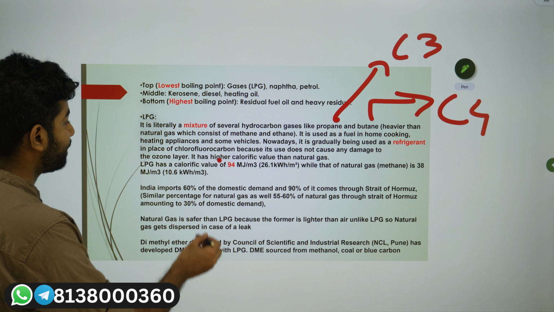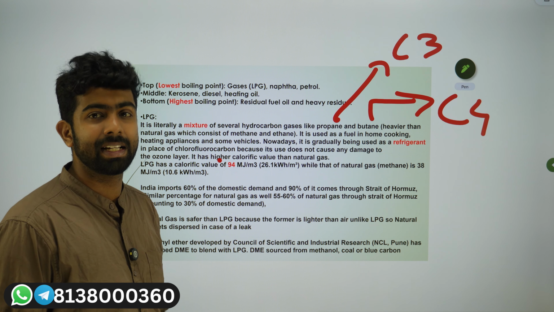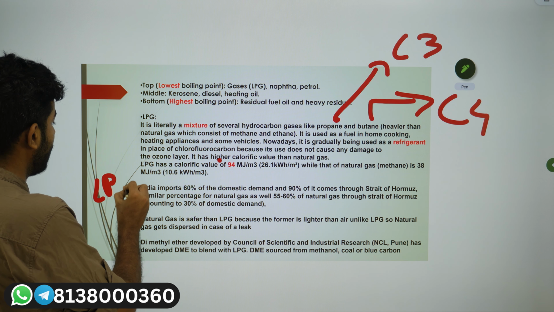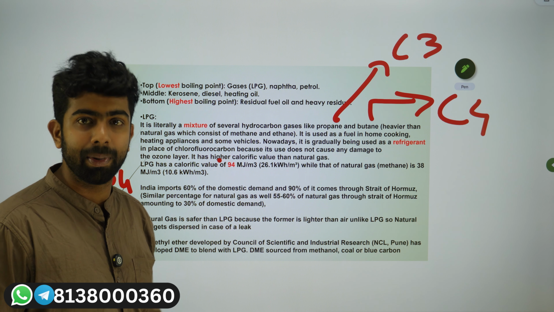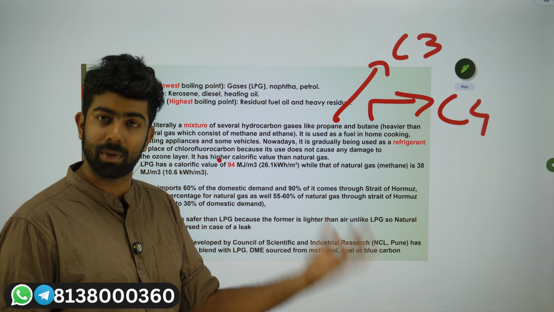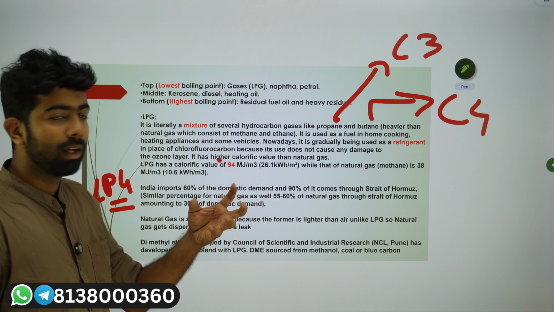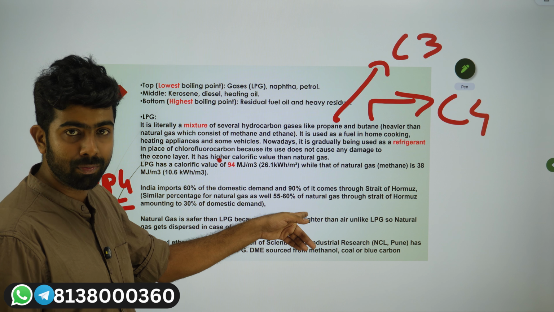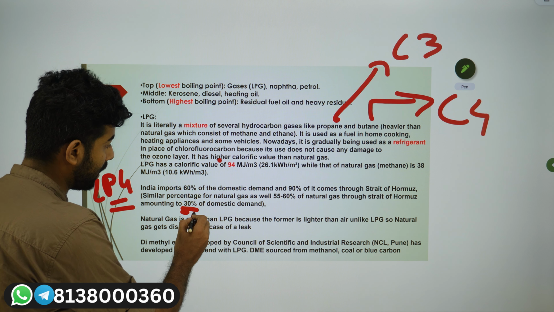Right. So if you look at the import dependence, India imports about 60% of our domestic demand of LPG. Okay, 60% of the domestic demand is met by imports and 90% of that comes from the Strait of Hormuz. So it causes a supply disruption in case of closure. The same kind of import dependency is there for natural gas, but from the Strait of Hormuz only 30% comes.